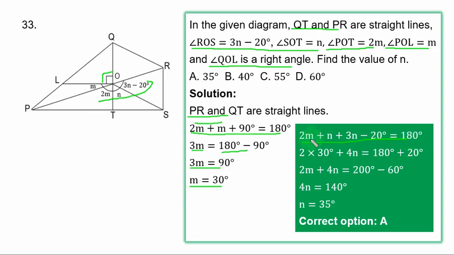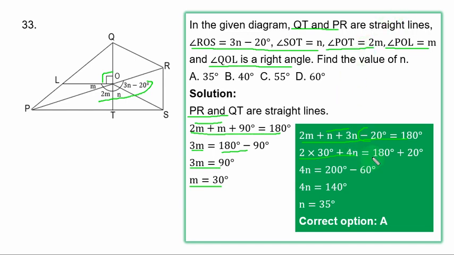Now m is 30, so you have 2 times 30 degrees plus 4n equal to 180, you transfer this term, it becomes plus. So we've replaced m already. So let's try and adjust that.